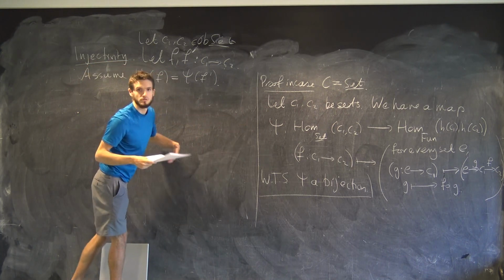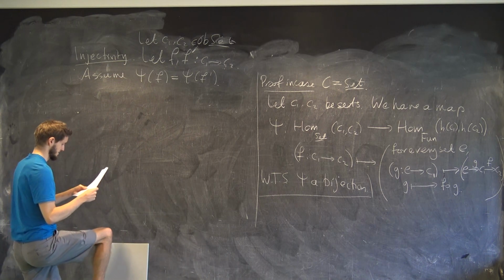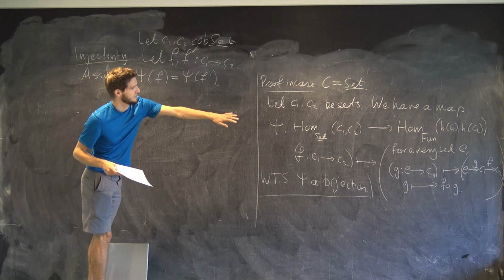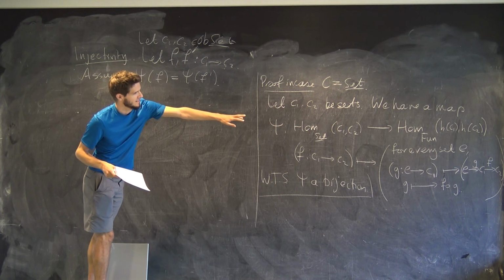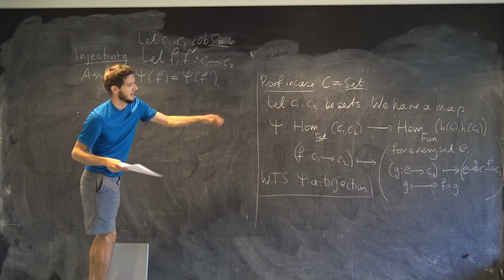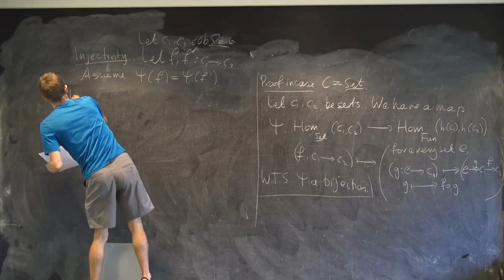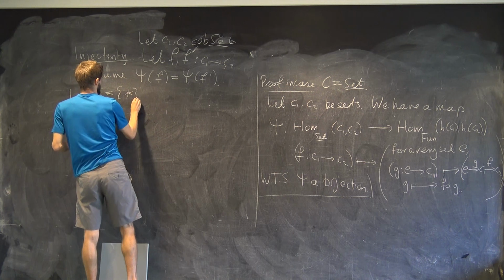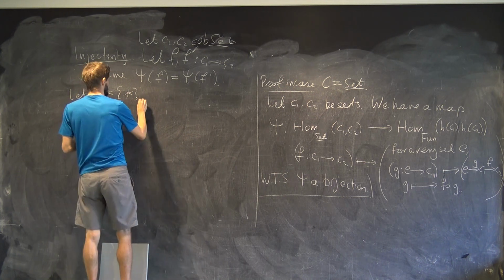And that tells me exactly, of course, that psi is injective. So if you look at the definition of psi, what I'm going to do is make a careful choice of my set E and of my map G. So let E be a singleton, a set containing one element, I don't care what it is.